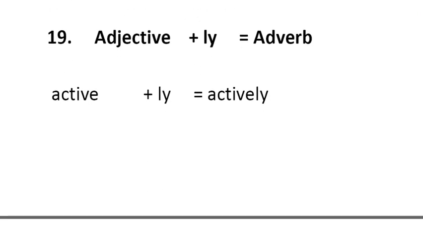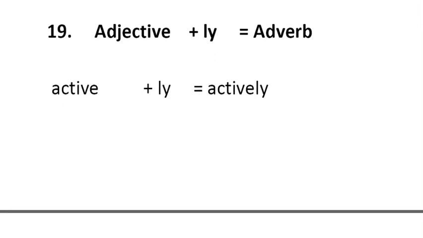Rule 19 says you add ly with adjective and it becomes adverb. Suppose active plus ly, so it becomes actively. That is how it turns into adverb. So ly is to be added with adjective and it becomes adverb. So ly is also a suffix and it is added with adjective and it becomes adverb.